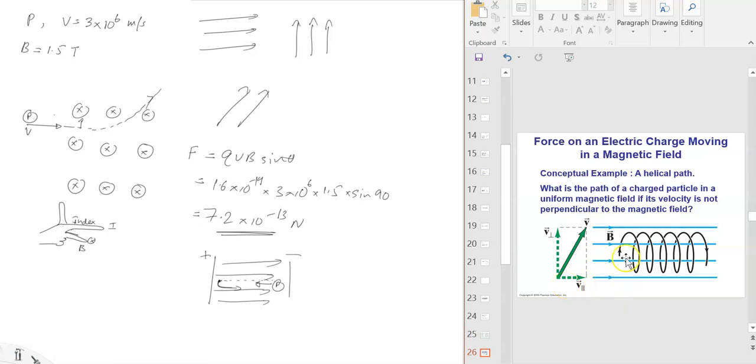If it is not really perpendicular, if you shoot it with a little bit of an angle, you can actually bring it to a spiral like this, a helical path. And there are some interesting questions to figure out the distance between these little circular loops.